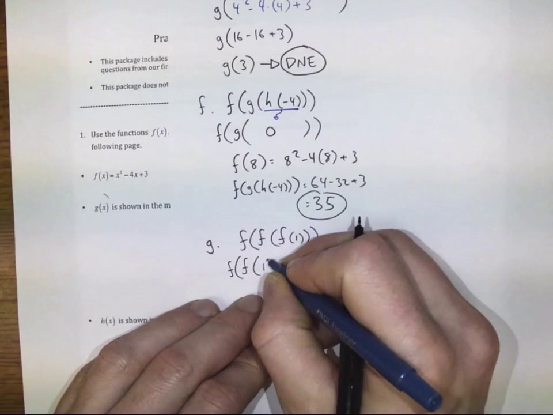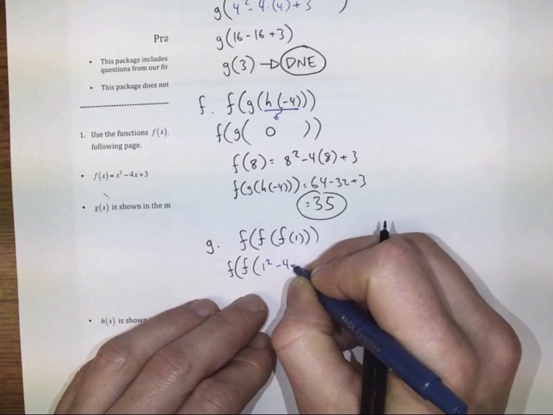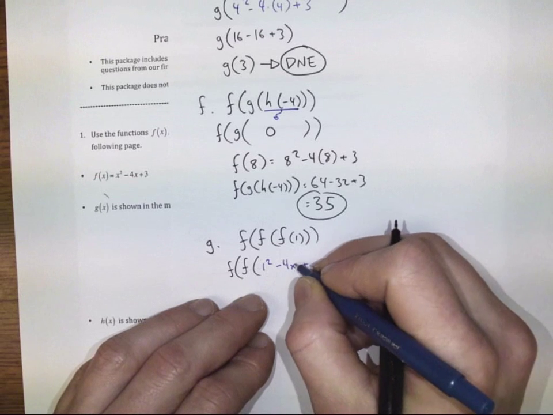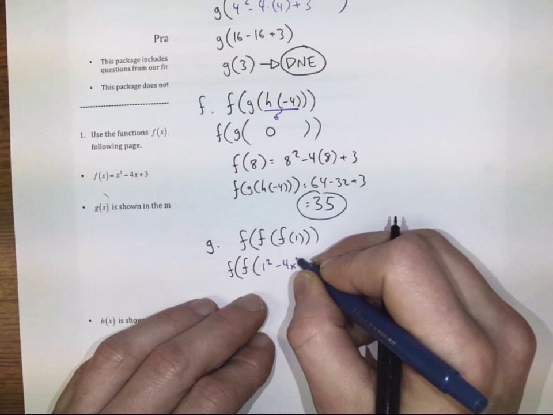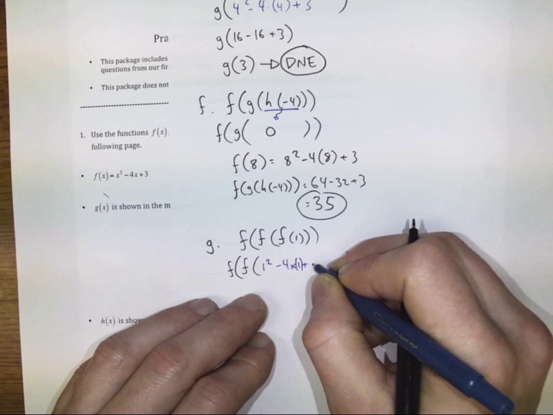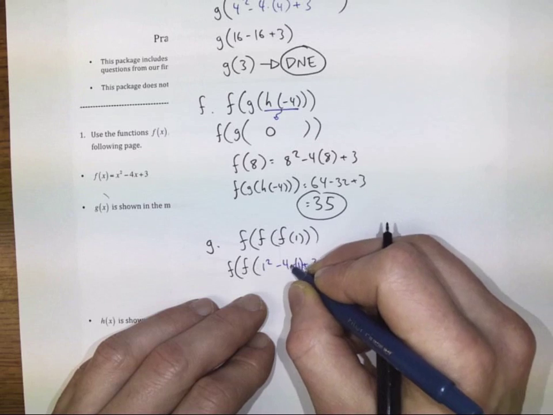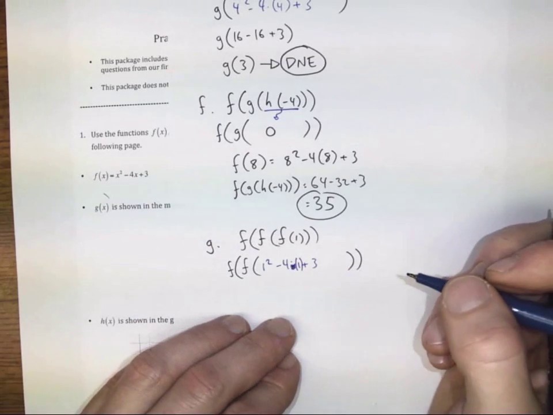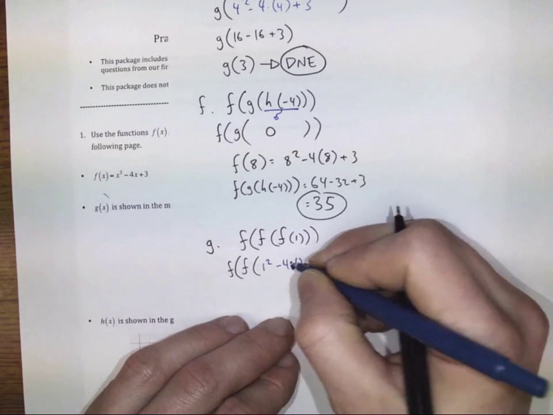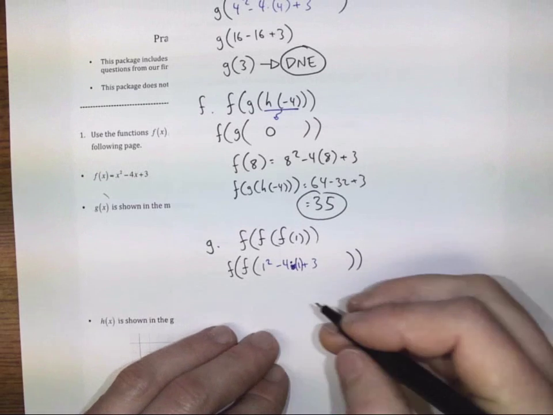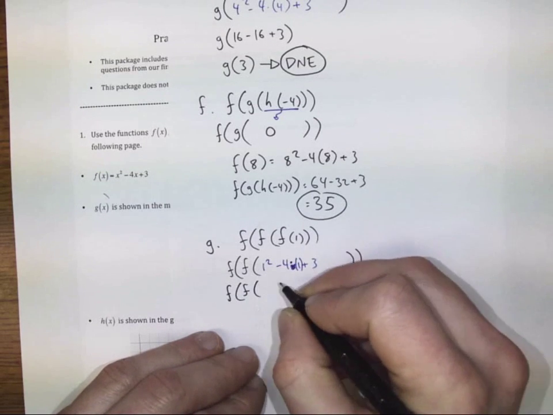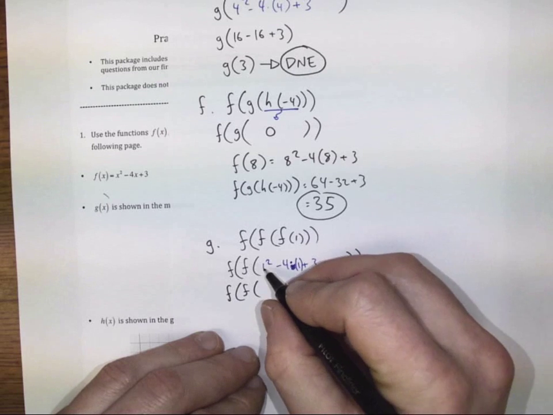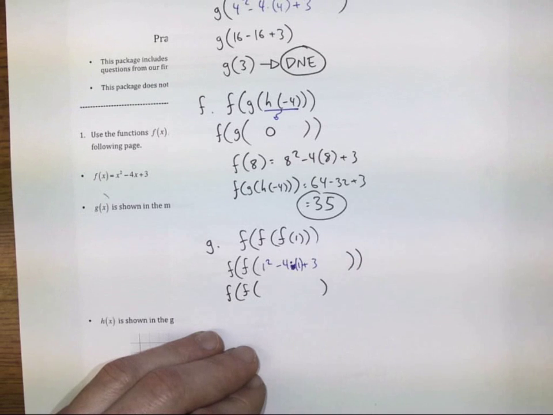So it means I'm going to have 1 squared minus 4 times 1 plus 3. Let's write a little dot there so we don't get confused. 4 dot 1. All right, and so that's to say that we have f of 1 minus 4 plus 3, or 1 plus 3 is 4, and it gives us 0 actually.